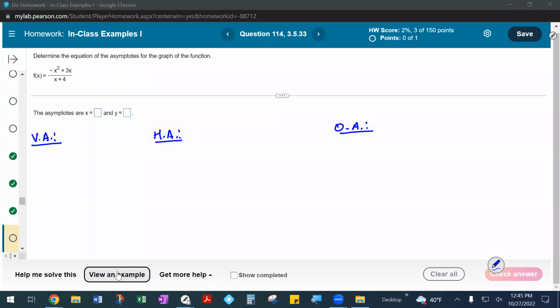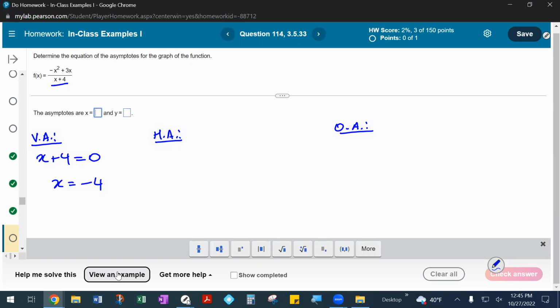So what do we do for the vertical? Wouldn't it be an oblique asymptote? Because there's an X squared in the numerator. Very good. So the vertical would be -4. Yeah, so remember, vertical still comes from that denominator. So take the denominator, set it equal to 0. So that would be this guy over here, X equals -4.